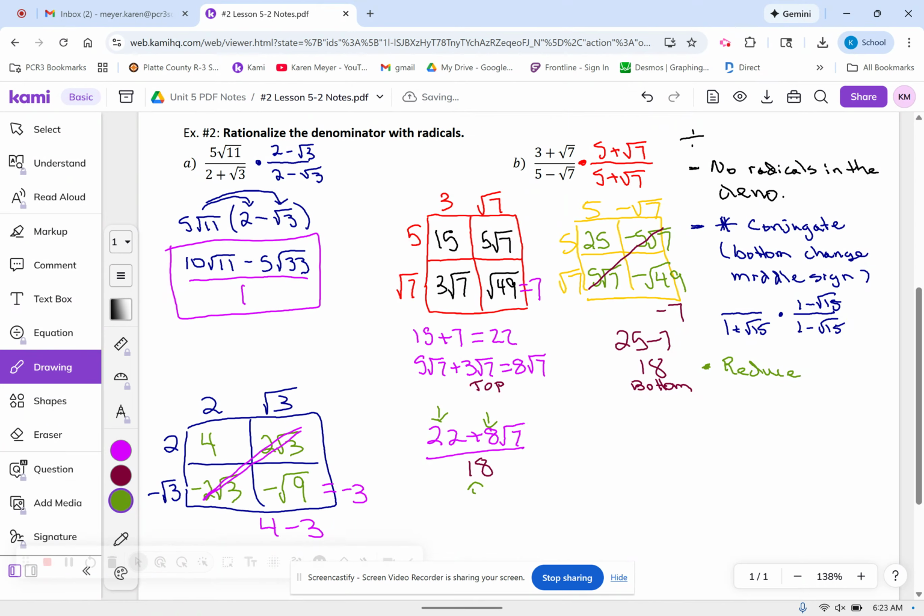They are all divisible by 2. So then your final answer should be 11 plus 4 square root of 7 all over 9. When you're reducing, you should never change the number inside of the root. Okay, that's it. You're done.